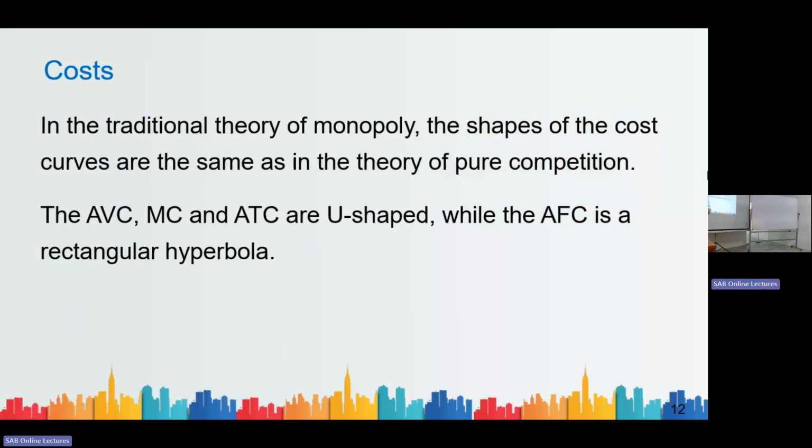AFC is a rectangular hyperbola. Yes. We discussed the nature of these cost curves in detail in the session on cost theory.